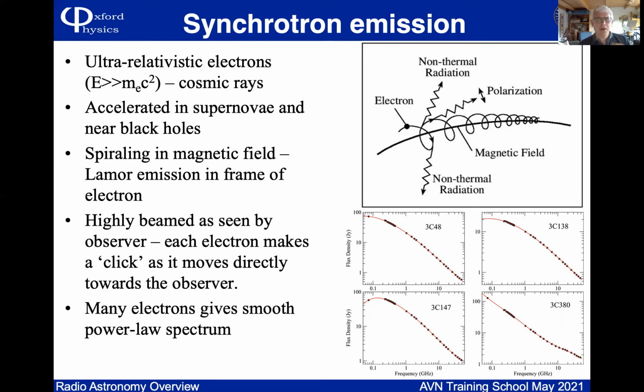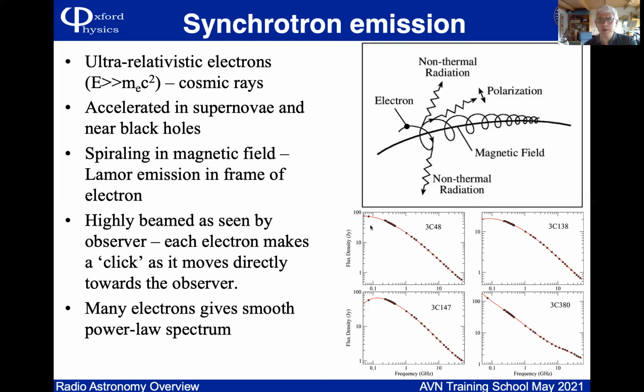And so what you see in synchrotron emission is the sum of all these millions of clicks of individual electrons sweeping their relativistically boosted beam in your line of sight. And that assemblage of very, very brief clicks of radiation gives you a very, very smooth spectrum of radiation, which spreads over many decades of frequency.